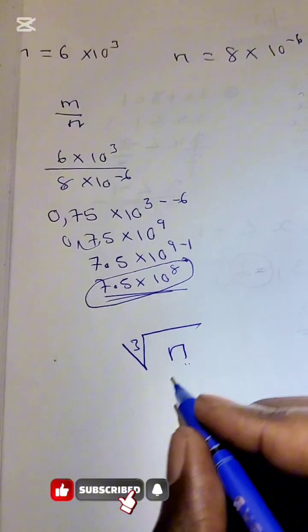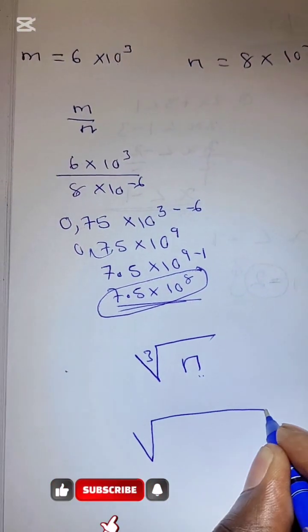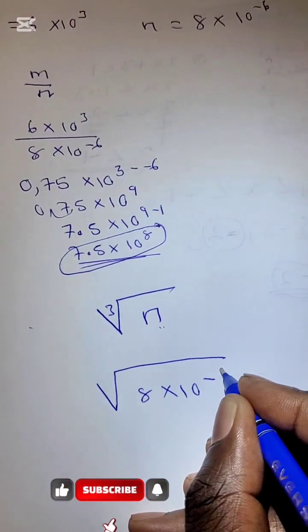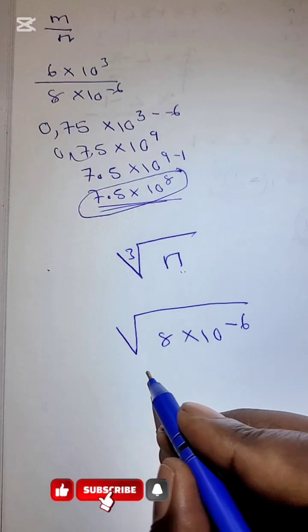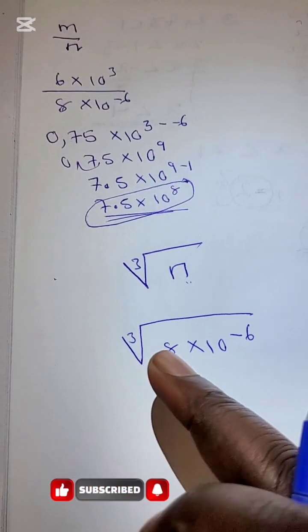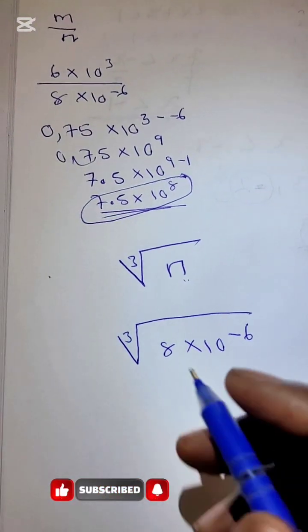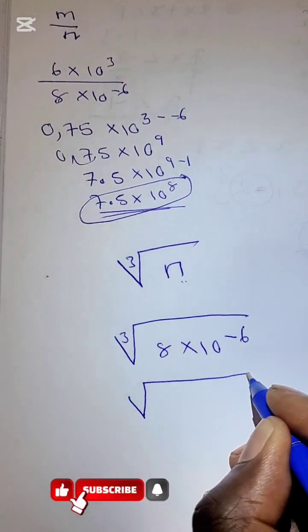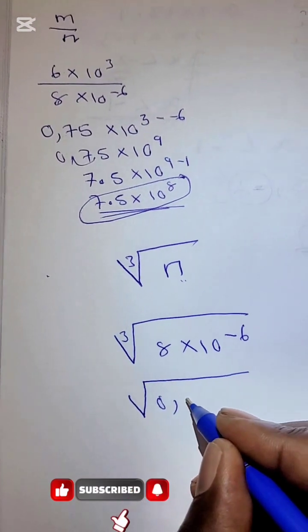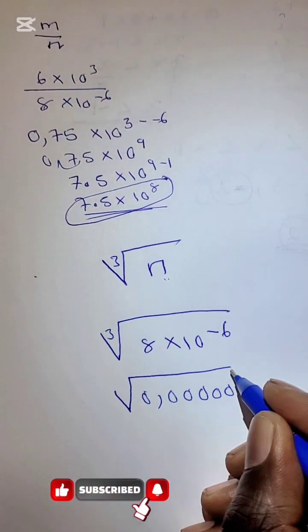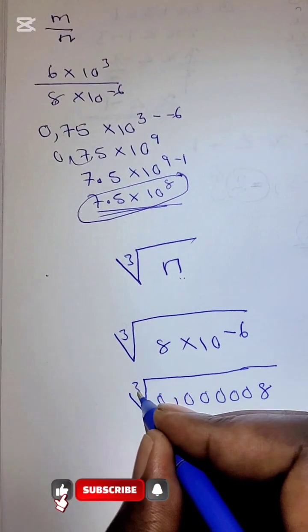So we are given n as 8 times 10 to the power of negative 6. The first stage is to convert this number in standard form to ordinary form. So that will be 0.000008.